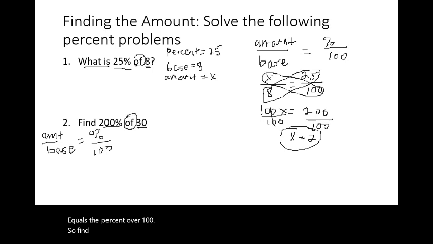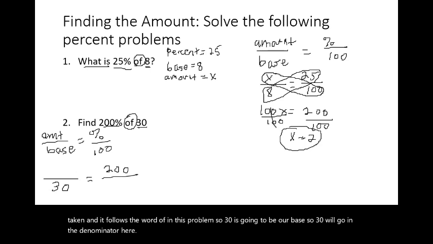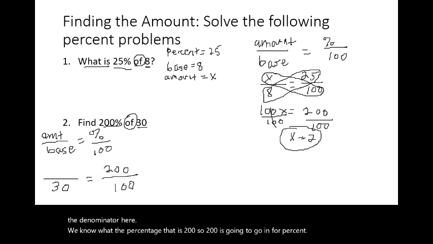So 30 is what we start with before the 200% is taken, and it follows the word of in this problem. So 30 is going to be our base, so 30 will go in the denominator here. We know what the percent is, that is 200, so 200 is going to go in for percent. Over 100 is part of the formula. Find, also known as what is, means find the amount, so x is going to go in for amount.